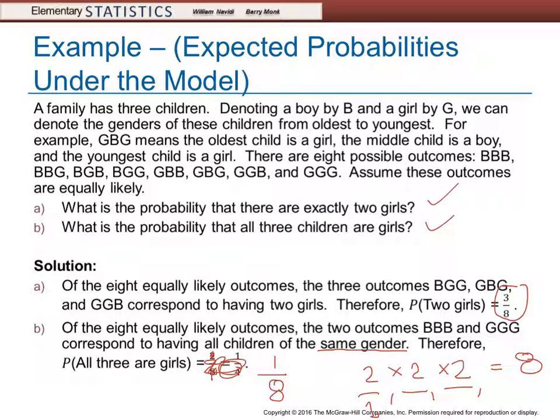For the first child, there were 2 possibilities, a boy and a girl. For the second child, there were 2 possibilities, a boy and a girl. For the third child, there were two possibilities, a boy and a girl. So 2 times 2 times 2, there were 8 possible outcomes in the sample space.